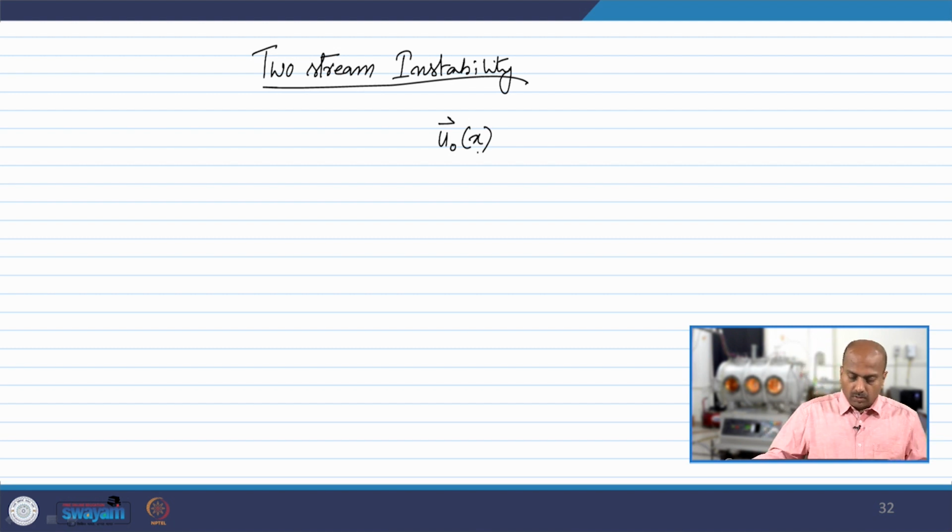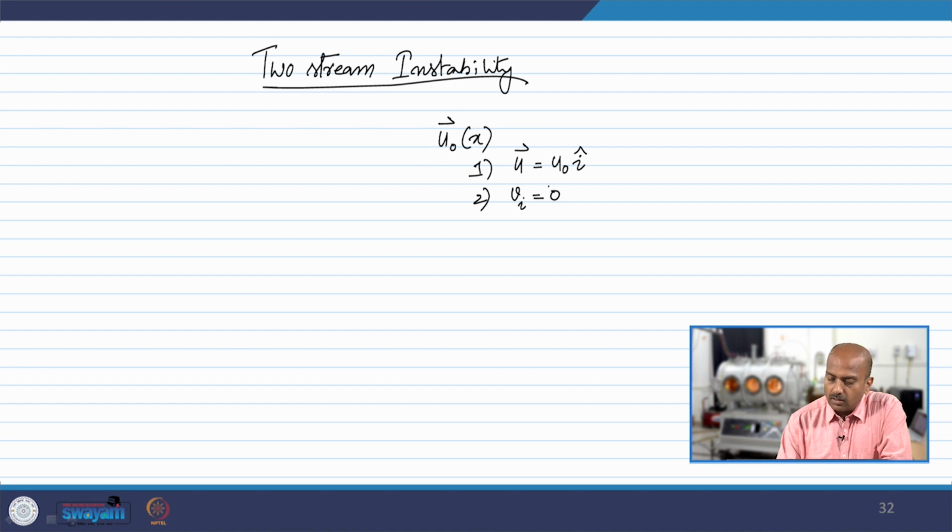Okay. So, the electron fluid is moving with a uniform velocity u naught along x. So, you write u is u naught i cap, number 1. Number 2, velocity of ions is equal to 0. That means they are at rest.